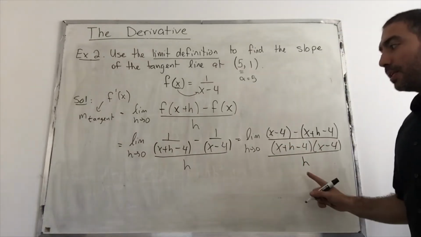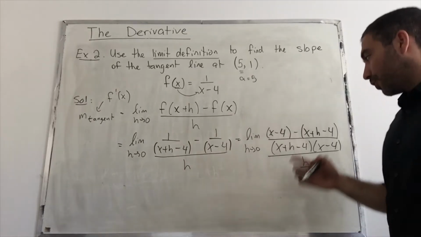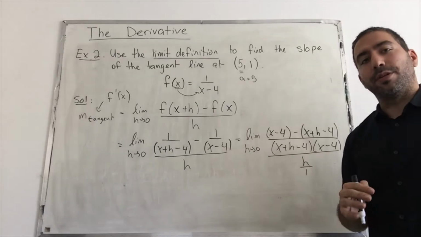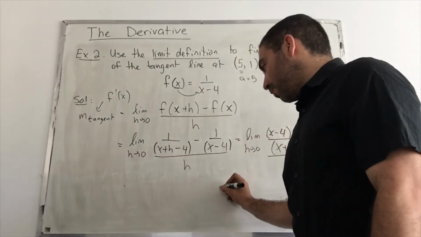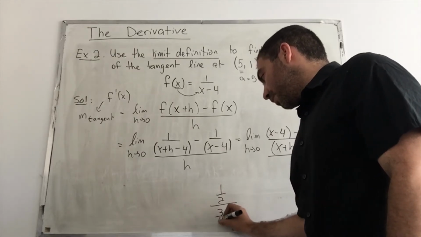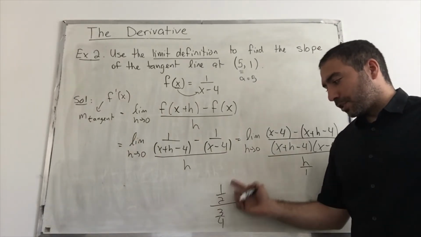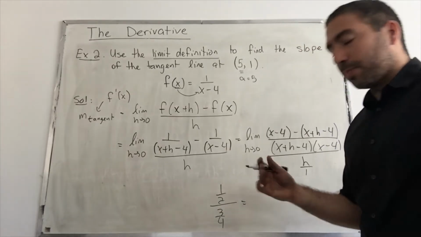This h on the bottom, you could think of it as h over 1. So again, you have a fraction. This whole thing on top is a fraction divided by another fraction, h over 1. How do we divide fractions? If you have 1 over 2 divided by 3 over 4, the way we do this, especially if you can't use a calculator, you're going to have to know that you multiply by the reciprocal.